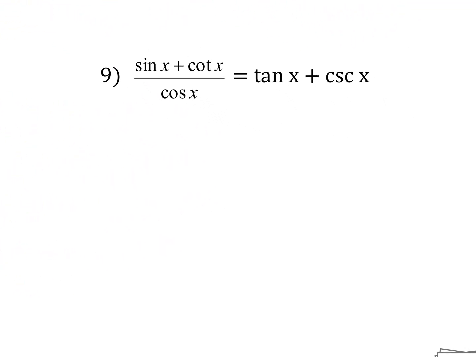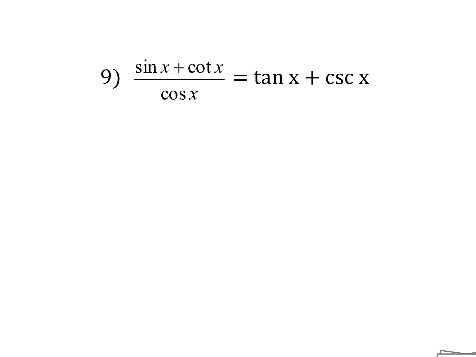All right, thoughts or ideas for number 9? What do you think, guys? Change the cotangent? Okay. So we want to keep this as sine x over 1 plus cosine x over sine x.